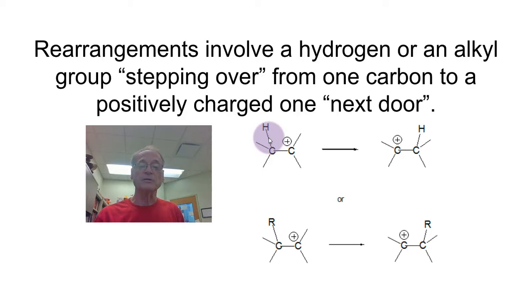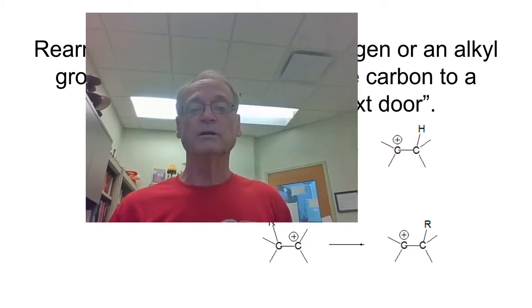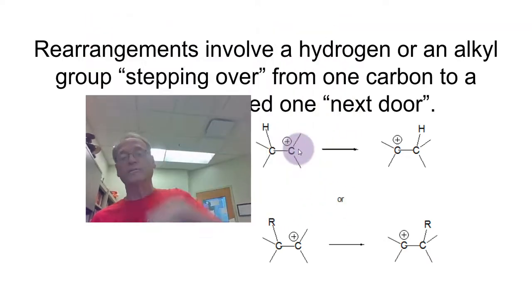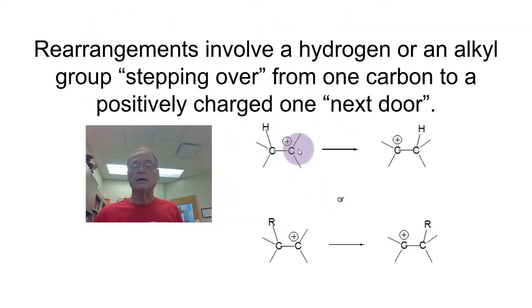This pair of electrons scoots over to this carbon, bringing its hydrogen with it. But of course, when it does that, it leaves this carbon positive. So essentially one carbocation turns into a new carbocation. That always happens when you do a stepping over of a hydrogen to a carbon next door.